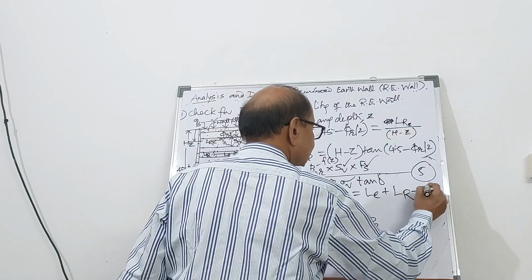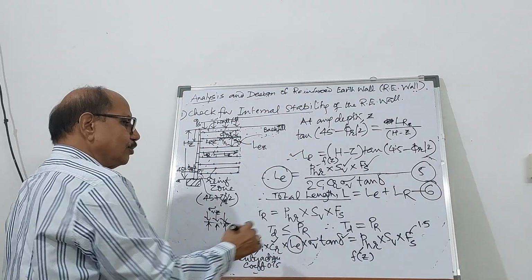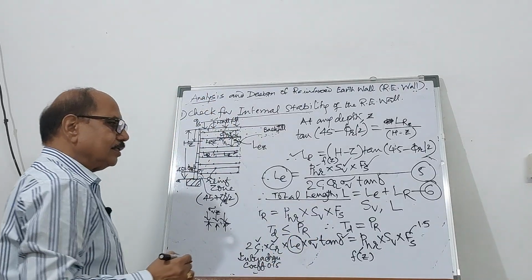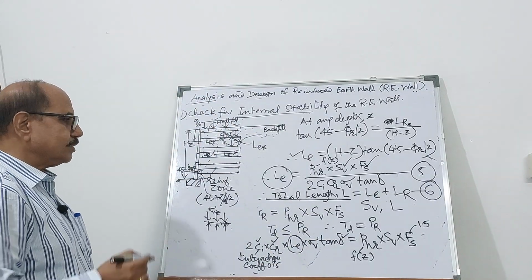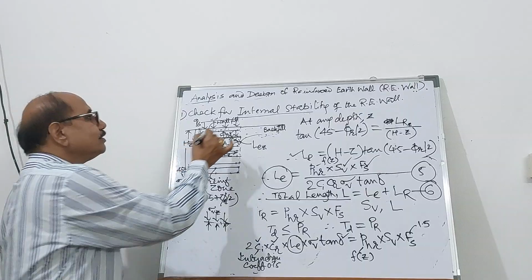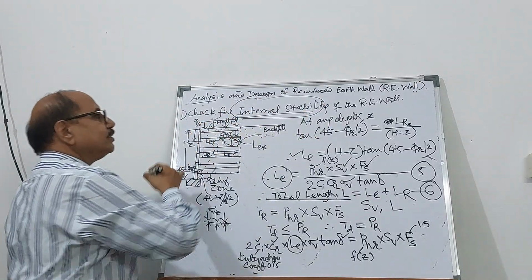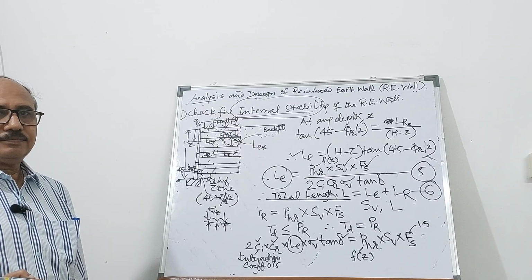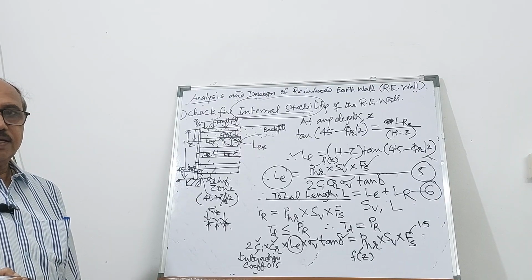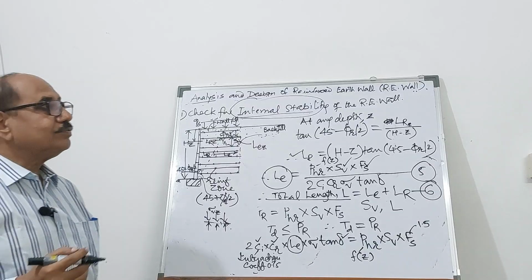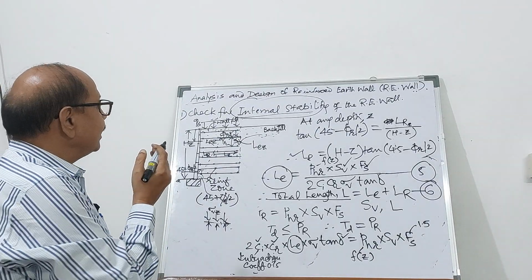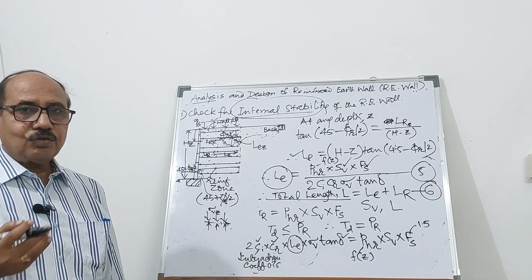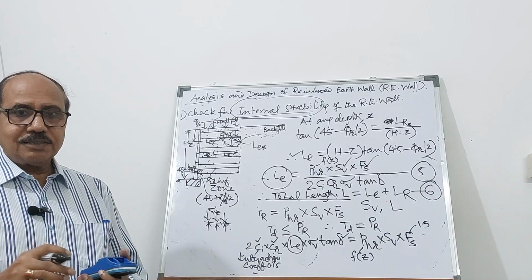So friends, I know SV, the vertical spacing, as well as the length. This is called internal stability or internal checks. Now, we have to go for external checks.